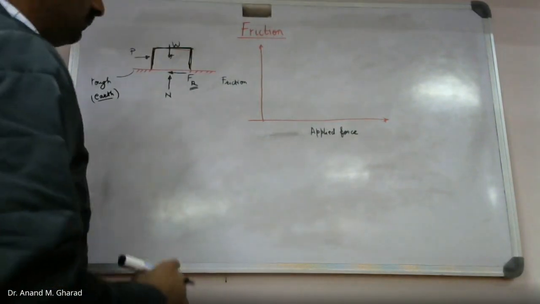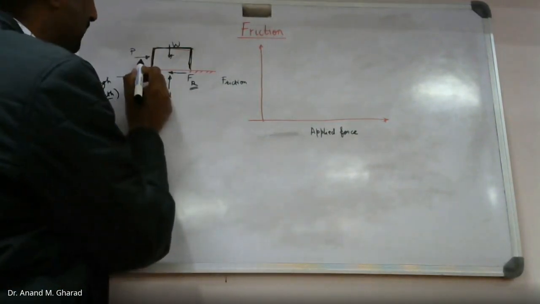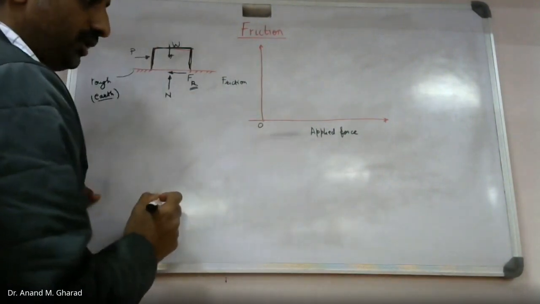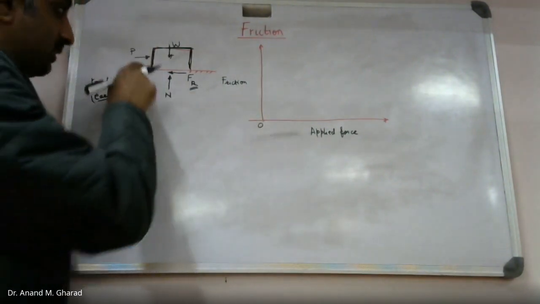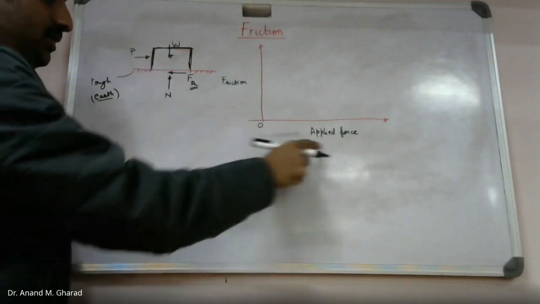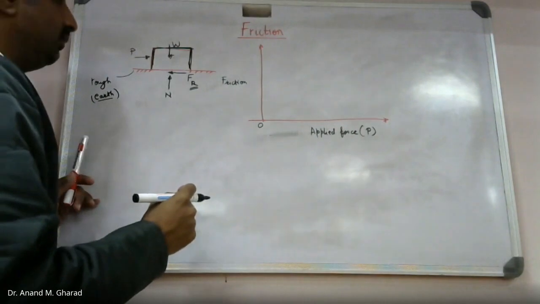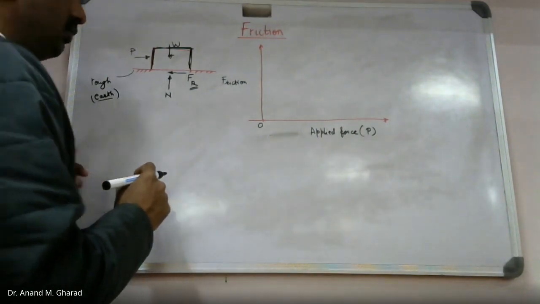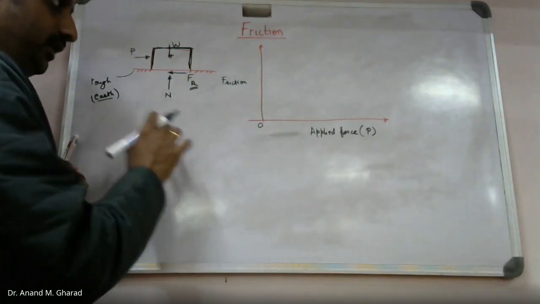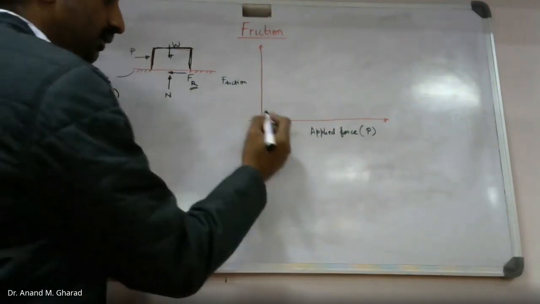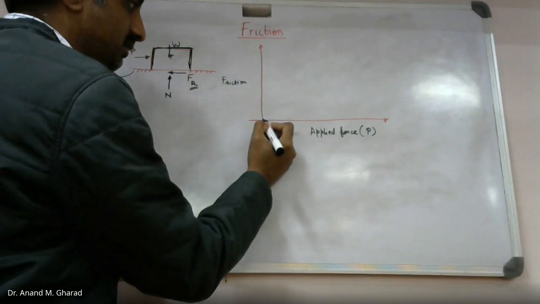it is observed that if we start with zero force and increase the applied force P from 0 to some finite value in such a way that there is no movement, then because of the application of force, the frictional resistance also increases.